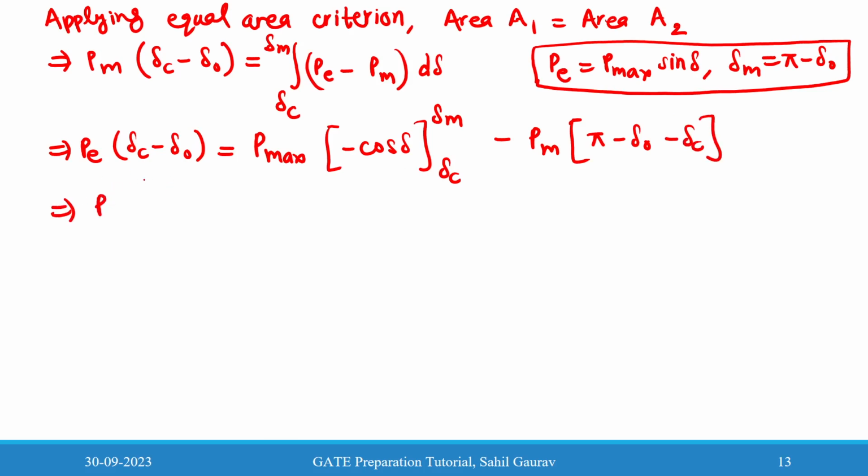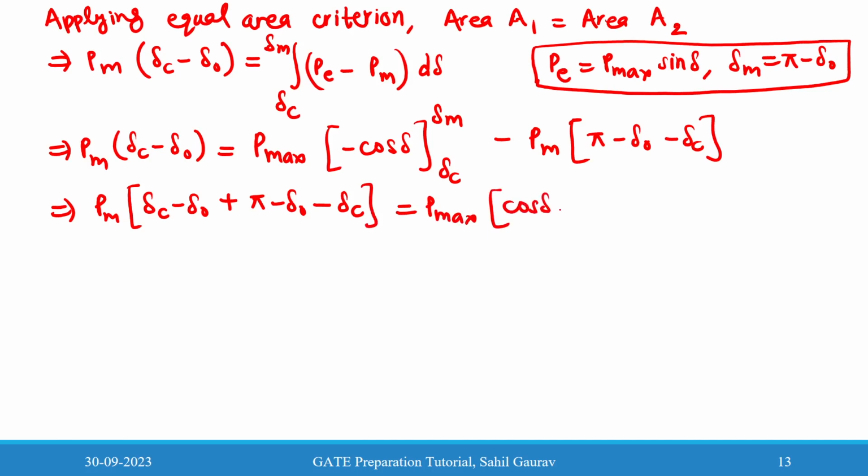So take this Pm one side, initial electrical power, so delta c minus delta naught plus pi minus delta naught minus delta c is equal to P max times cos delta c minus cos of pi minus delta naught.